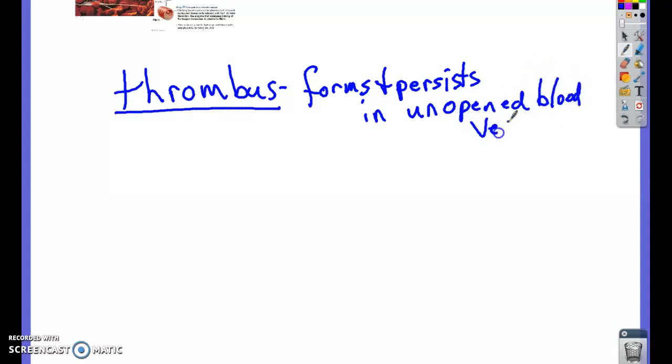Obviously, if a blood vessel has been cut open, then a clot is a good thing. But if you have an unbroken blood vessel, it's just a clot floating around in the middle of the blood vessel, and that can be a bad problem, because blood vessels go from arteries down to smaller arterioles and eventually the capillaries that get smaller and smaller, and eventually that clot could clog up the artery and keep blood from getting to a certain part of your body.